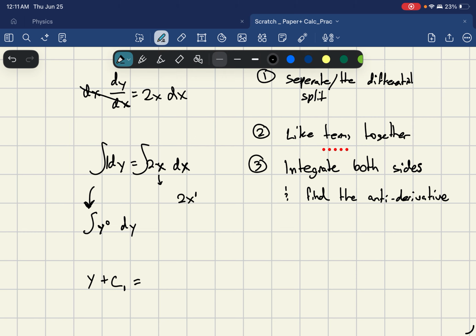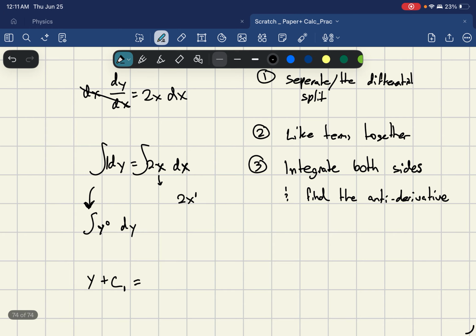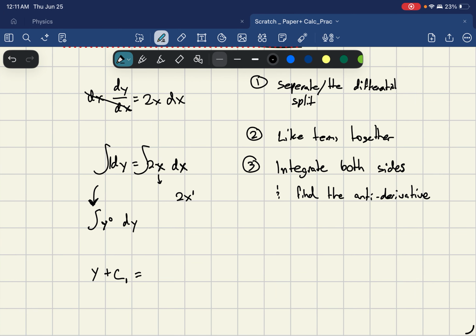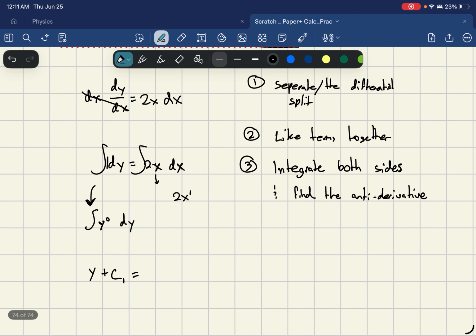Usually when you keep doing calculus, you kind of forget the basics. So basically, the integral of x to the n power with respect to dx is equal to x to the n plus 1 over n plus 1.